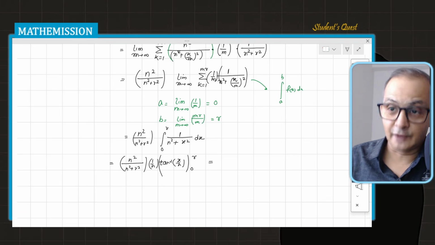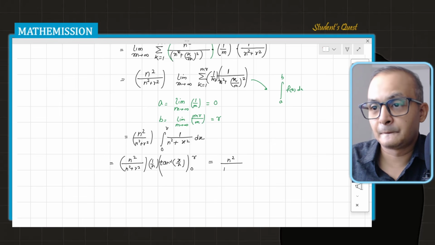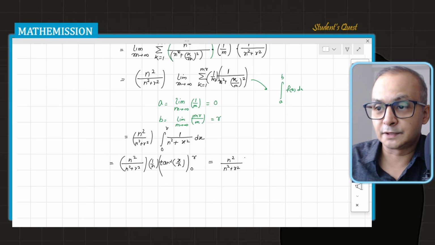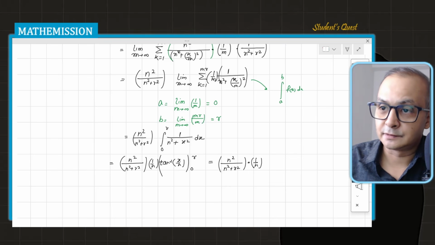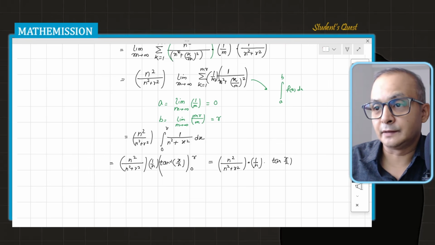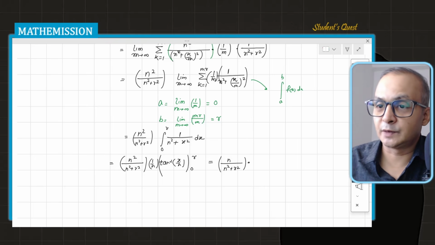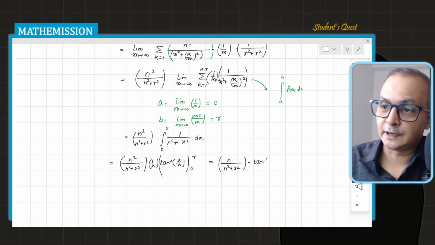So further we evaluate the bounds, so that will give you n squared divided by n squared plus r squared, and the 1 by n I could cancel also, so that will give you tan inverse r by n. Here n and n will get cancelled, so let me erase it. So that will give you directly n by n square plus r square tan inverse r over n.